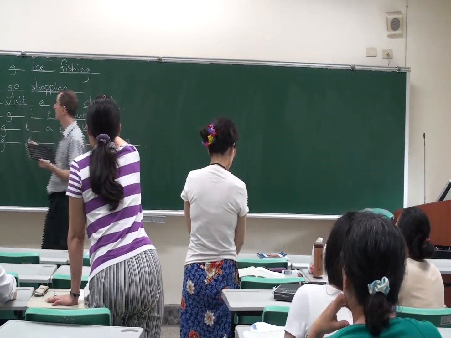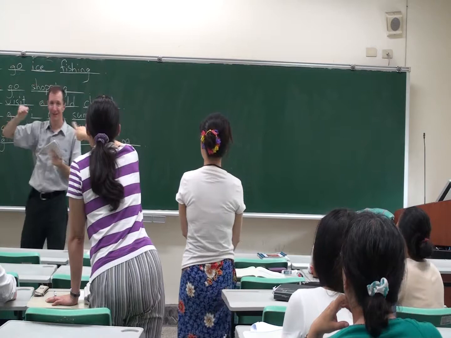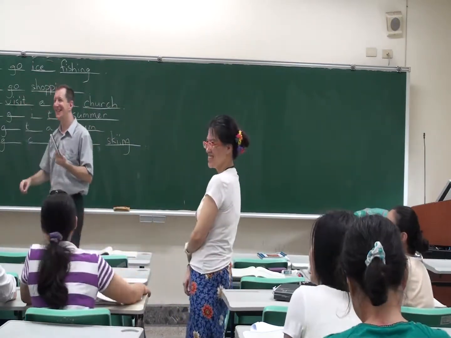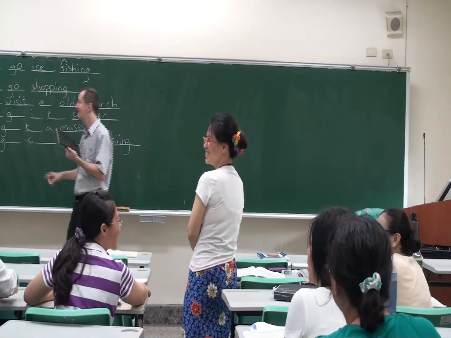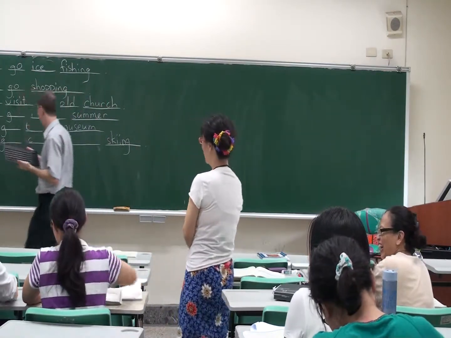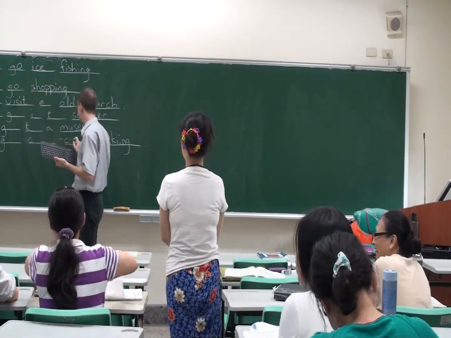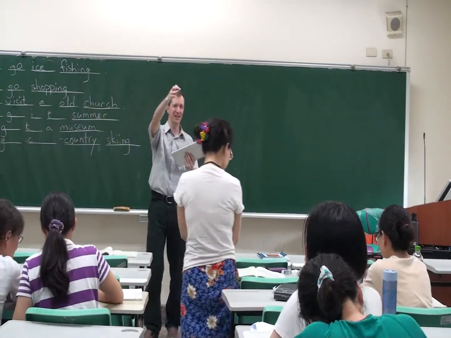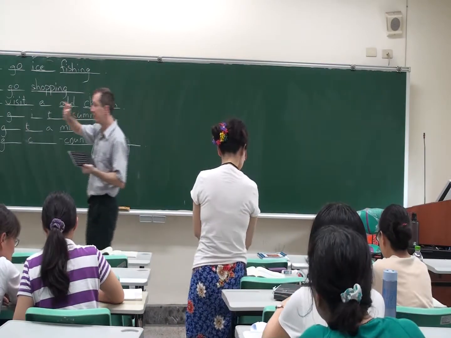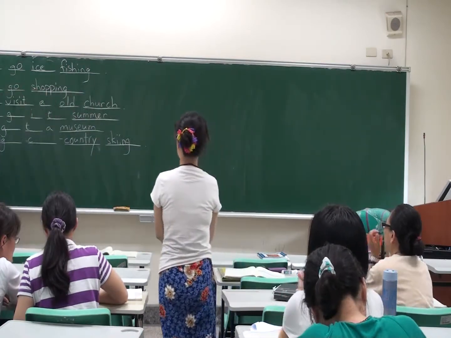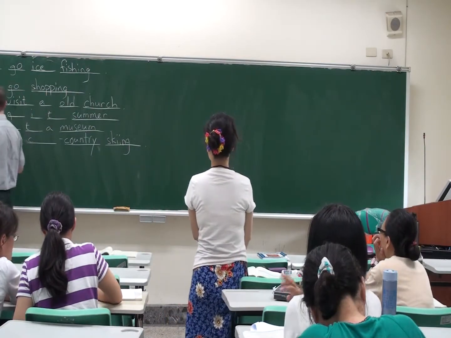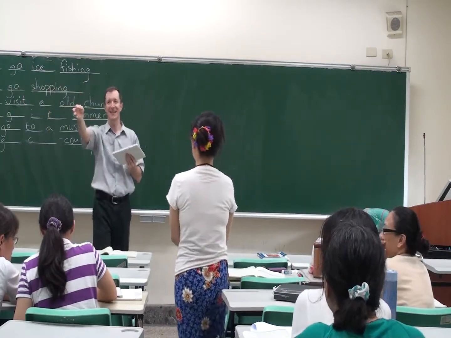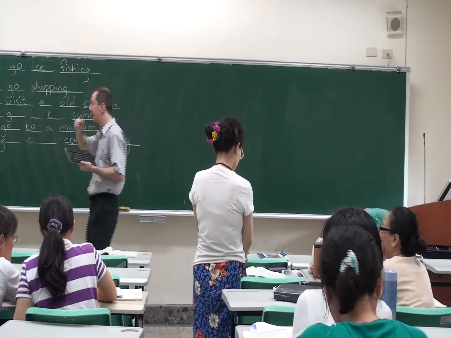Jane. One. Go. Right. Three. Ling. Second. Country. Good. Thank you. Next one, Amber. Five. You can go to a museum. Okay, we'll get it out. Next one, Eva. Second. Can.